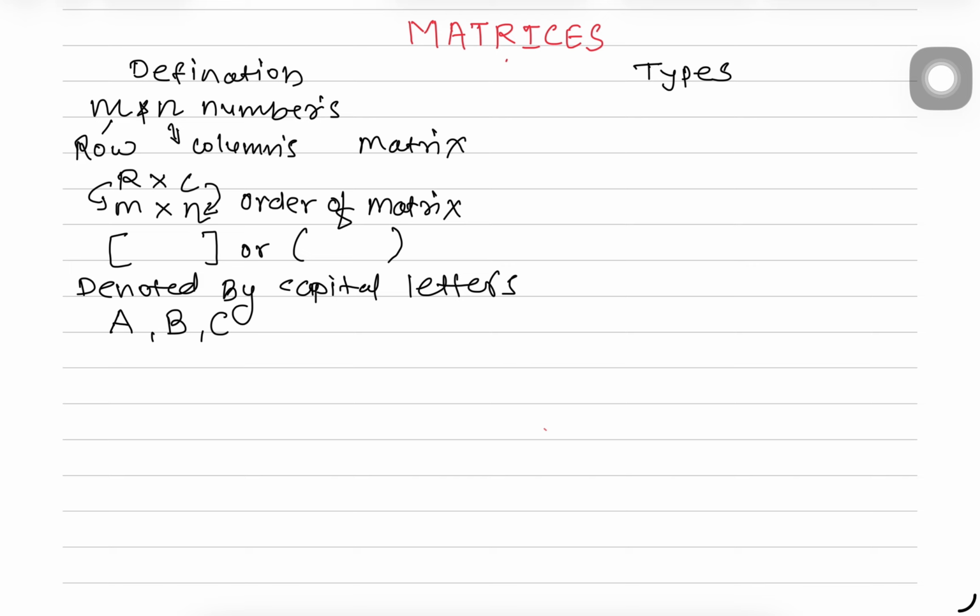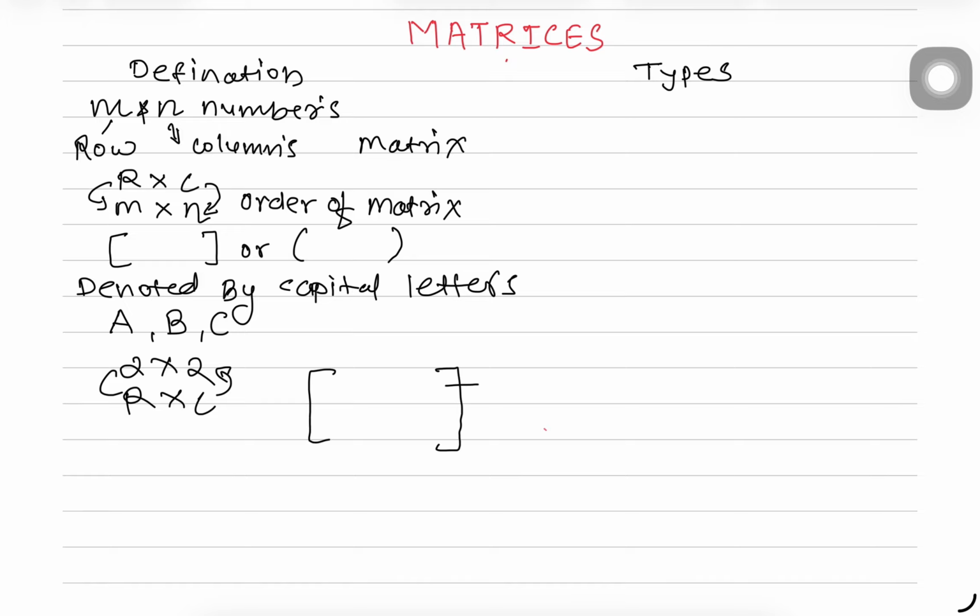Say order 2 cross 2, so it represents R cross C, where R is the number of rows and C is the number of columns. So we represent the matrix like this.